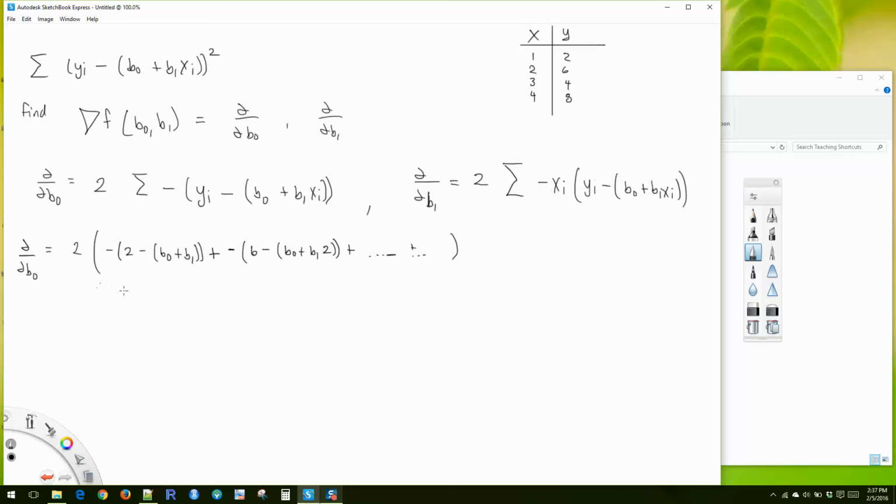Once we plug in our x's and y's, the actual values from our data, we see that it's truly just a function of b0 and b1, right? And the same is true for the component of the gradient with respect to b1.